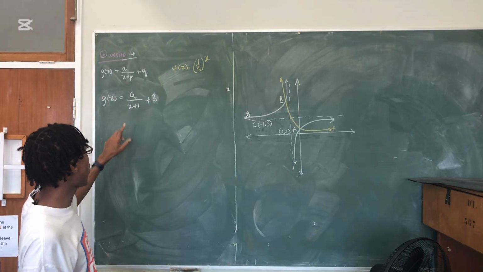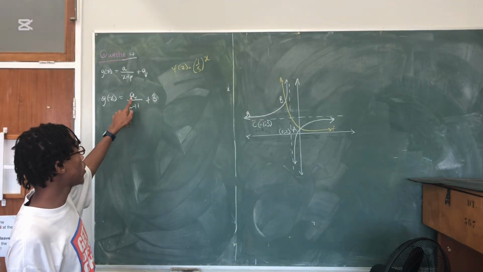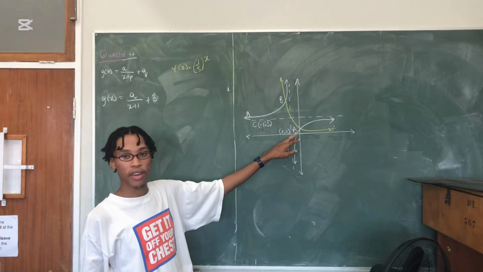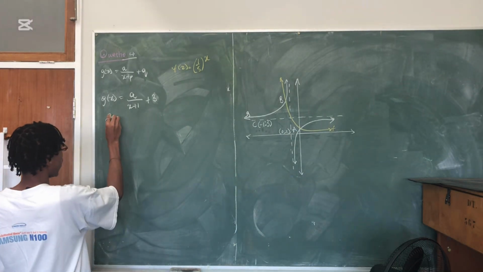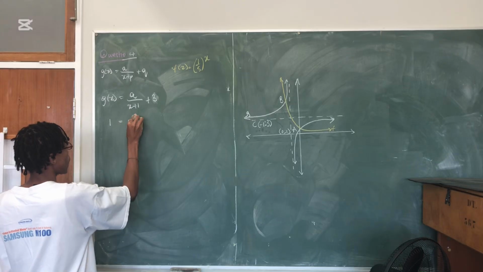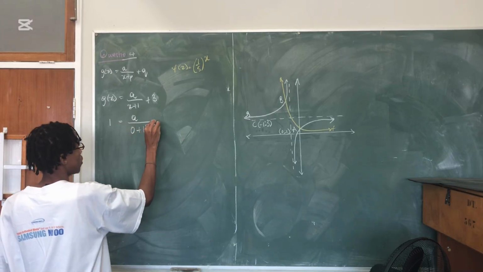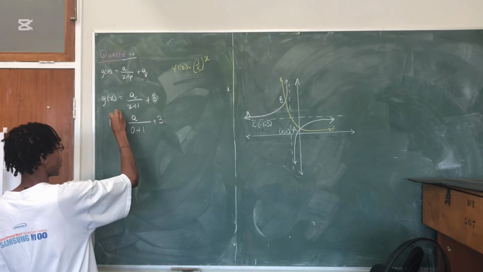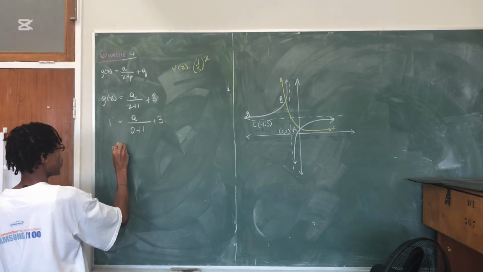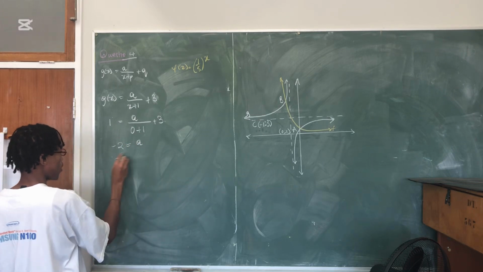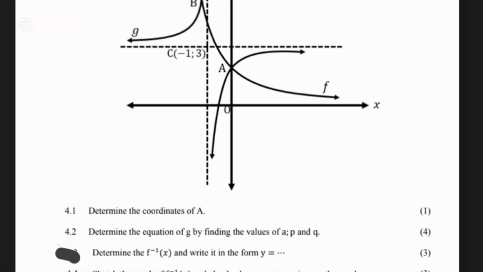We already have our p and our q. One way to get our a is by using the coordinates of A. So we have our y, that's going to be 1, equals a over 0 plus 1, plus 3. Take 3 to the other side: 1 minus 3 is going to be -2. A over 1 is a. Therefore, we have our a is -2.